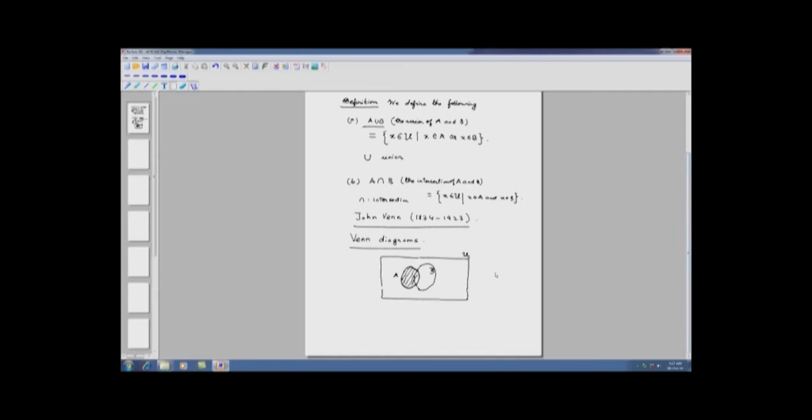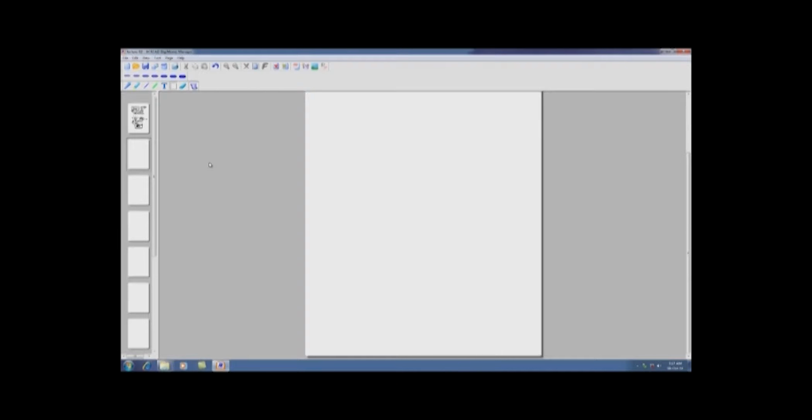So, here we have the universal set U, or simply the universe. I am representing the set A by the inner portion of a circle and B the inner portion of another circle.